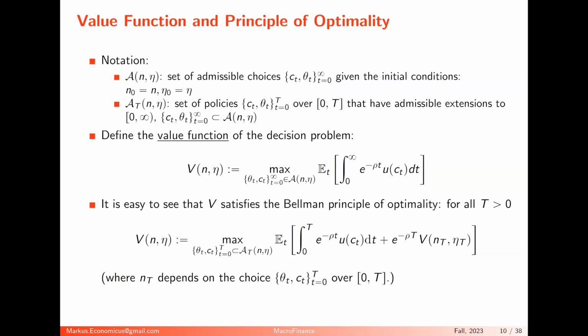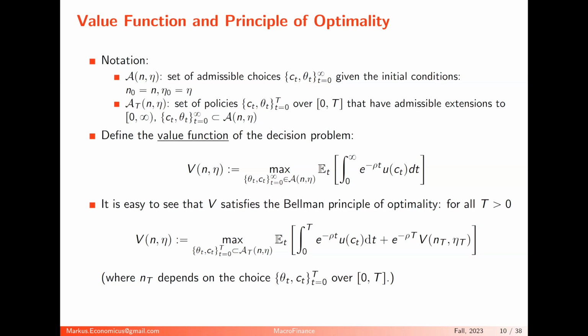And this you can easily verify, and that's just the analogy from discrete time: the value function is you maximize this until capital T, and then from capital T onwards you have the continuation from capital T to infinity. That's the value function coming.